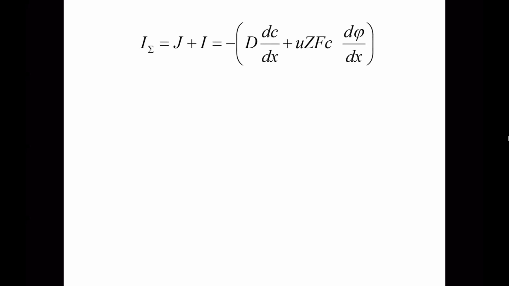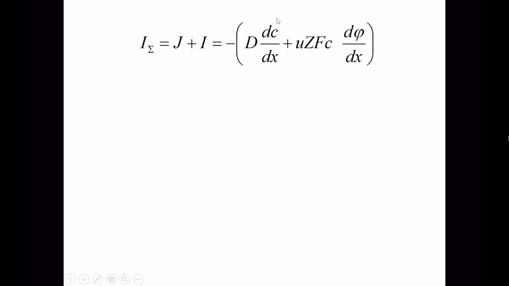So now this is our equation that describes the flow of the electrically charged particles because of their diffusion and electrical transportation due to the electrical potential. We know this formula from the previous lesson.